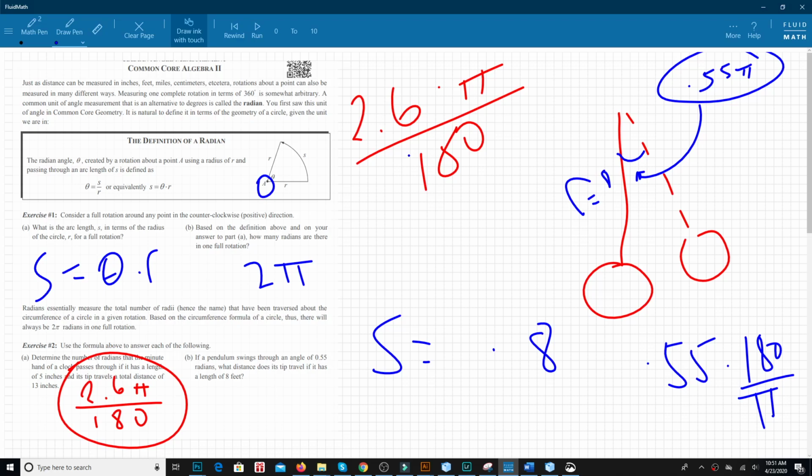That will give me the angle, right? So it's 0.55, and I'm going to multiply that by 180.